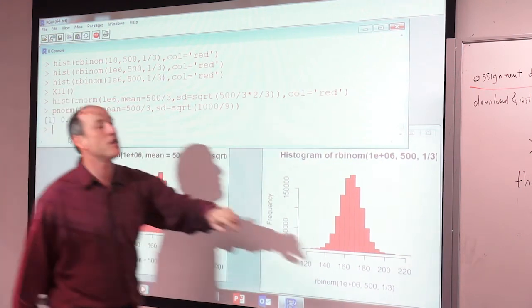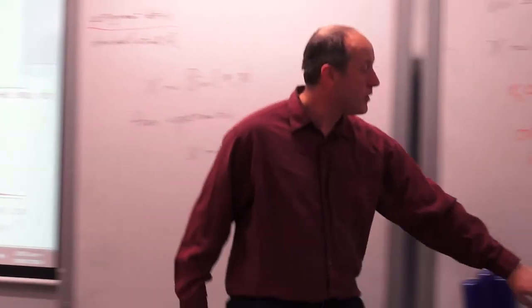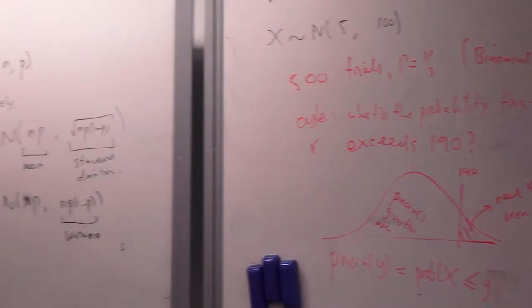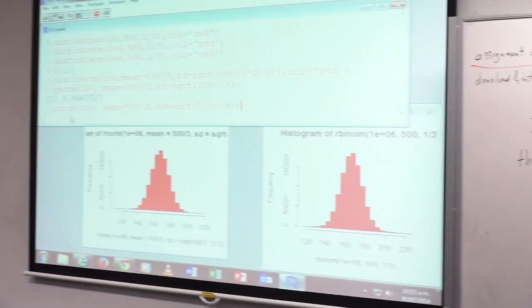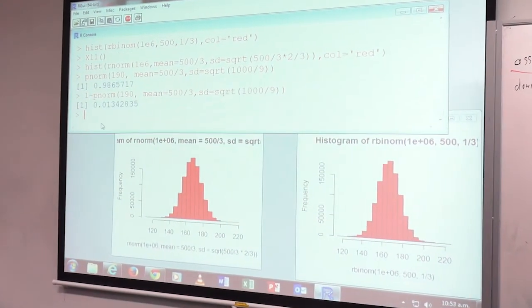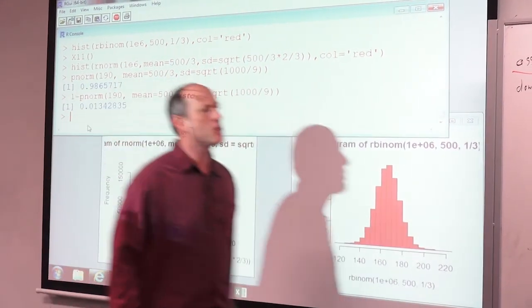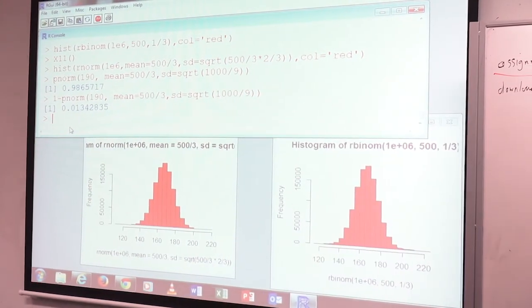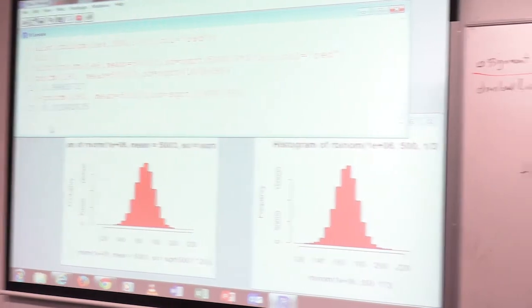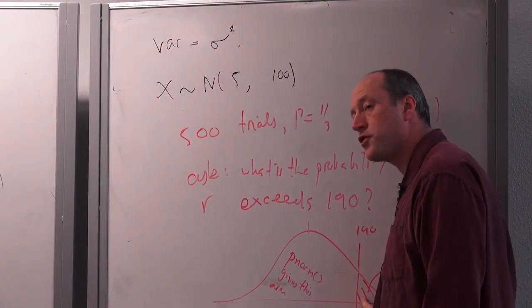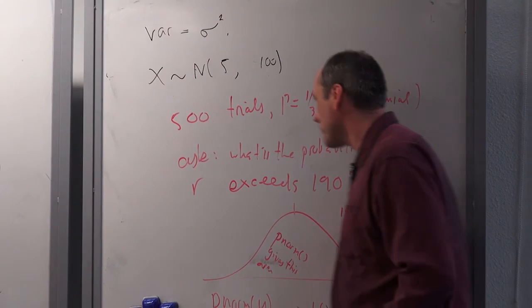So pnorm is giving me the area to the left of my curve, but I want the area to the right, which is 1 minus that. So I need to take 1 minus this answer here, which gives me 1.3%. So using this Gaussian approximation allows me to answer very, very simply and straightforwardly, and also in a way which is much easier to communicate. I can answer questions about extreme distributions of my binomial distribution.